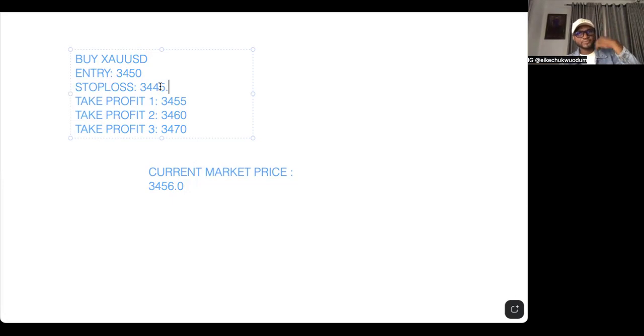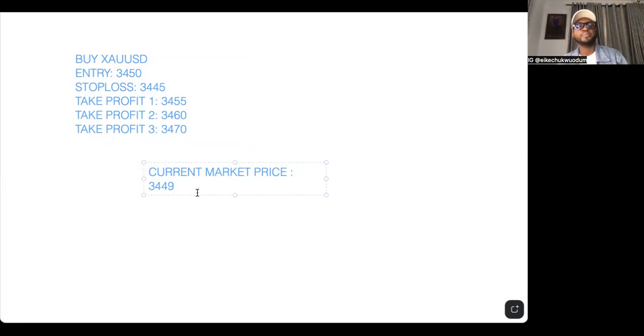it means that something happened, right? So if you count, 3445 was the stop loss. If 3450 is your entry, and the market price reduced from 3450 to 3449, how many pips change is that? It has dropped now.